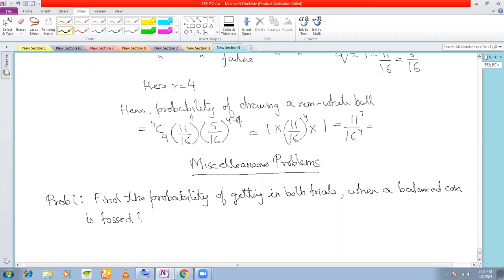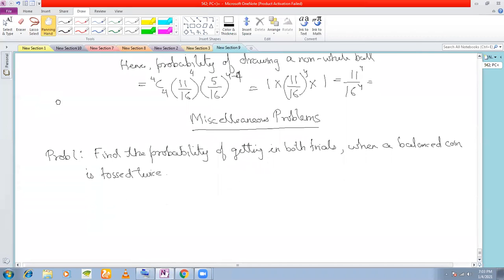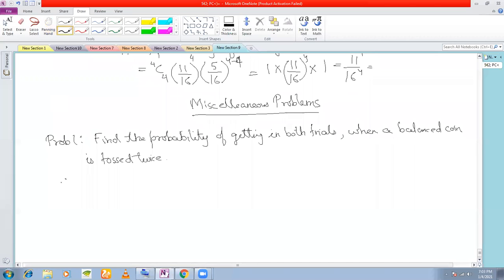Okay, so first of all, can you identify which problem type this is, out of the 3 problem types that I have given you? Tell me which problem type this is.